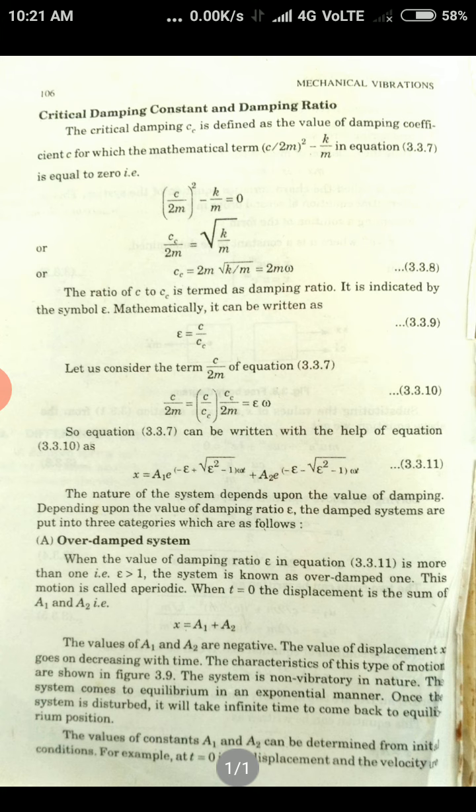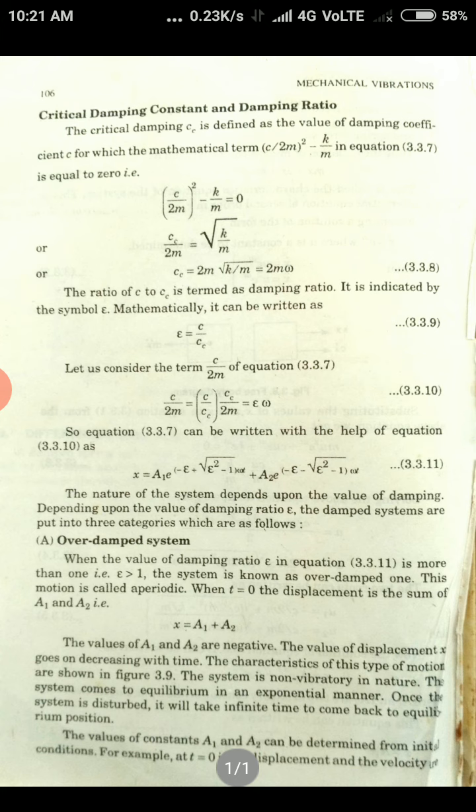That is the critical damping constant, or critical damping coefficient, Cc. So what is the damping ratio? The damping ratio is nothing but the ratio of the damping coefficient C to the critical damping coefficient Cc.